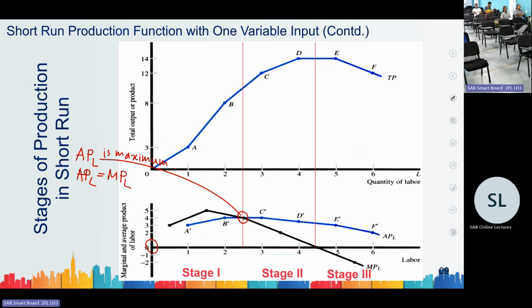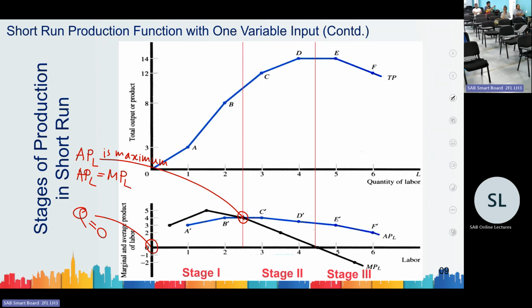So stage 1 starts from the origin where output is 0, and it ends where APL is maximum, or in other words, where APL and MPL are equal. Stage 2 starts from this point.